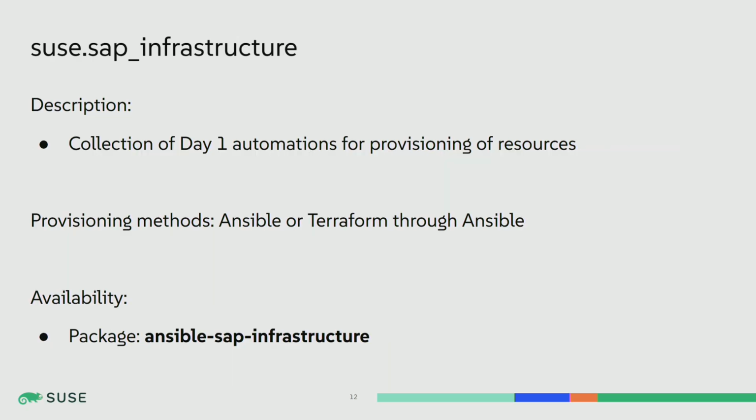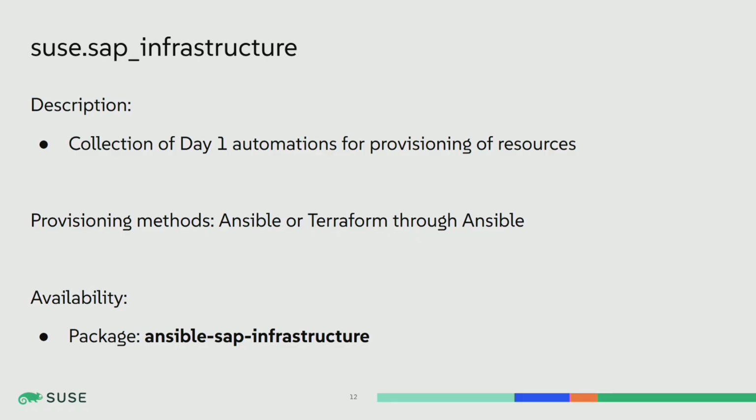Next collection is SAP infrastructure. That's for provisioning of servers themselves. This is provisioning for cloud providers, and it works through Ansible or Terraform that is executed by Ansible. I mention it here because there are two options, but our main focus is Ansible, of course. Terraform can do it, it's more powerful, we know that, but it's not smarter.